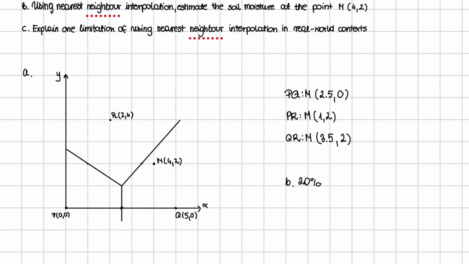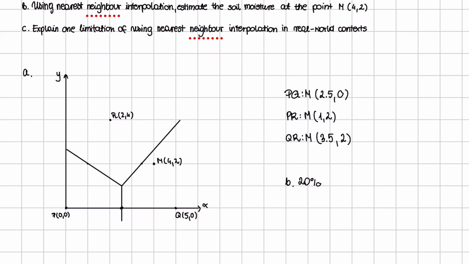And point C, explain one limitation of using nearest neighbor interpolation in real world contexts. So you can think of any, let's say, problem in your real life that can use this nearest neighbor interpolation.